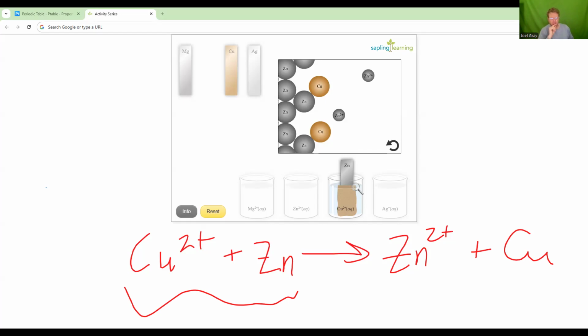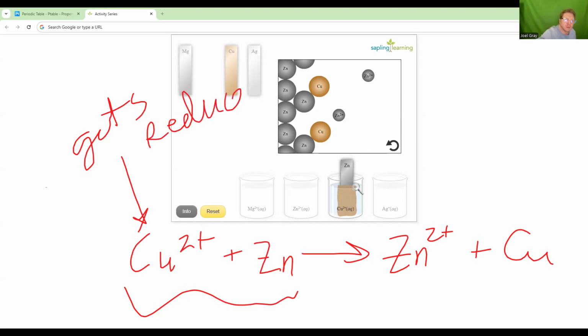What loses electrons? Zn. Boom! Okay. If Zn gets oxidized, what does that mean that Cu does? Gets reduced. Emma, yes! Copper gets reduced and is the OA, the oxidizing agent. Zn gets oxidized and is the RA, the reducing agent.